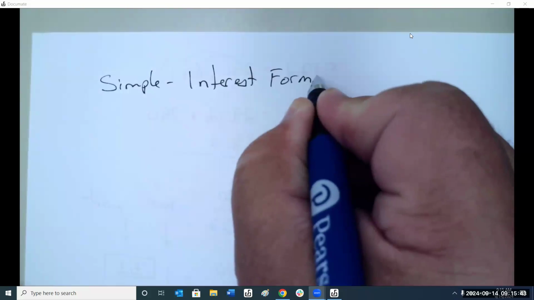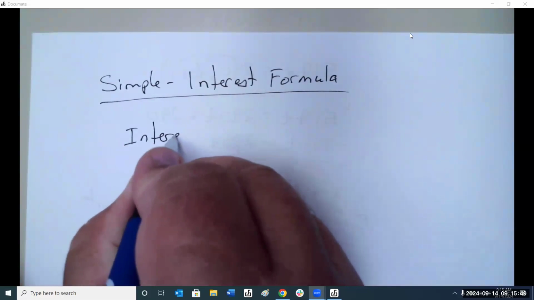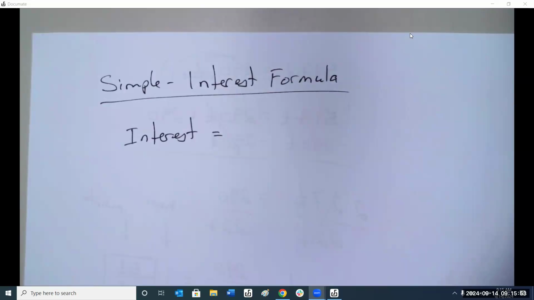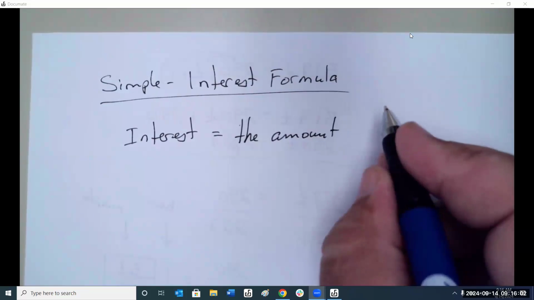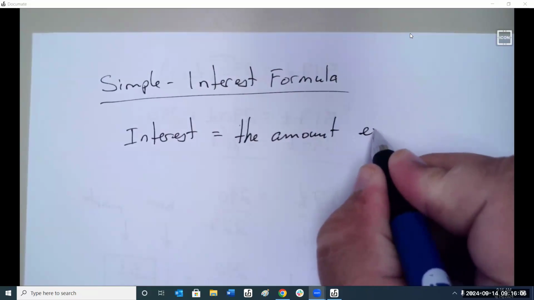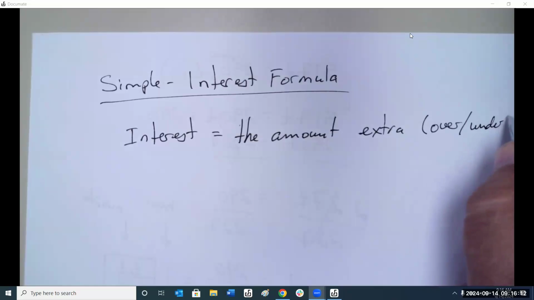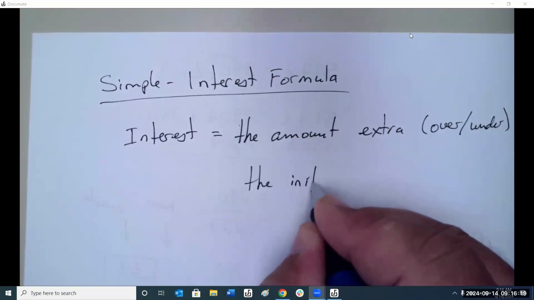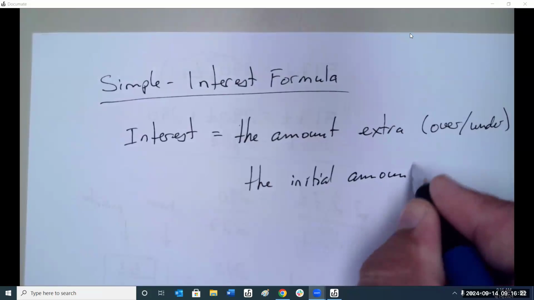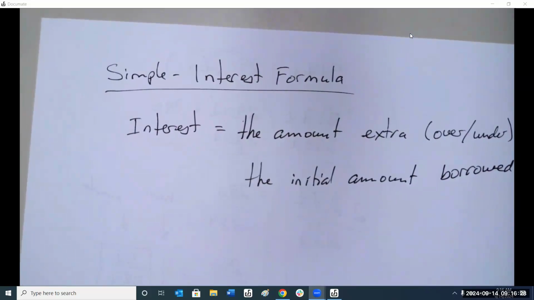Simple interest formula. What is interest? It's the amount extra, over or under, the initial amount borrowed or loaned or whatever.